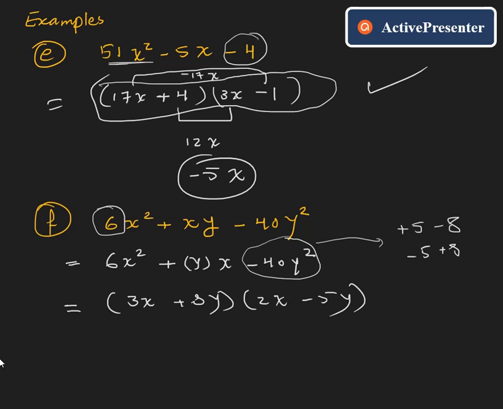If you see 3x multiplied, the outer, 3x multiplied in minus 5y is minus 15xy, and you multiply the inner, you will have 16xy. If you add them together, you will have xy. So your factoring is correct.